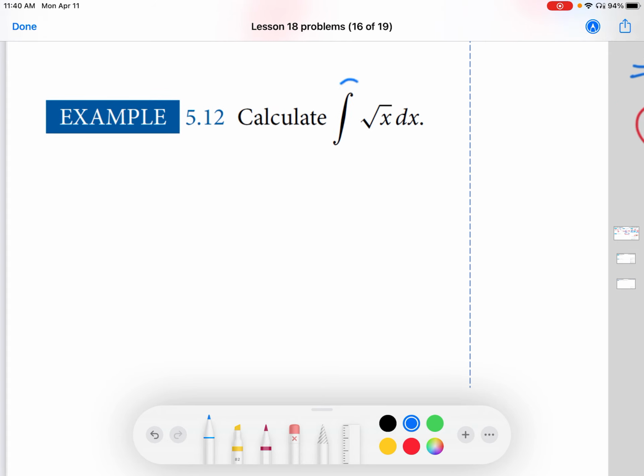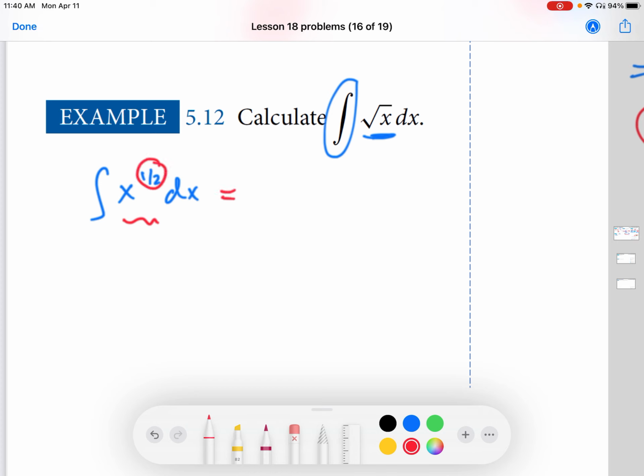Same deal here. We're doing an indefinite integral. This time we have the same kind of need to convert this to a power function. So how do we do that? Well, square root of x is x to the 1/2, and that's a little simpler conversion to a power function. We know that now n is 1/2.